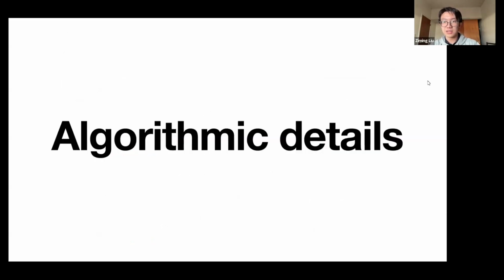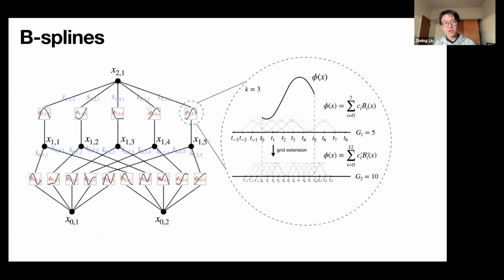Right. So I won't dig into the algorithmic detail, but just cover some basics in case you're wondering. The way we model these 1D activation functions is to parameterize them as B-splines.